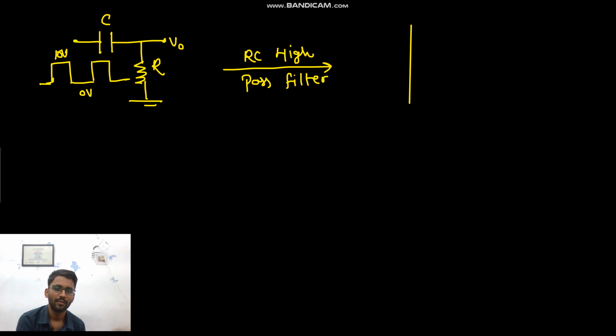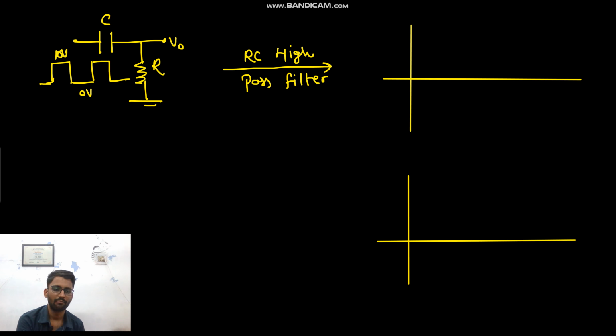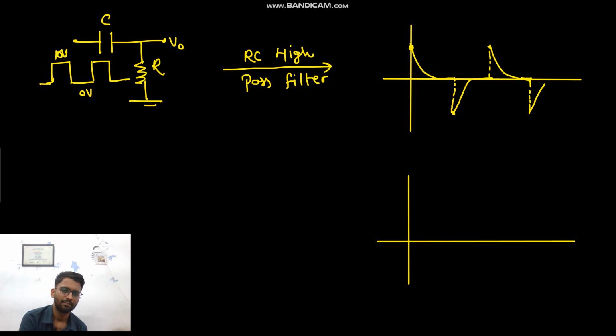We had two kinds of output, for T very much greater than RC.